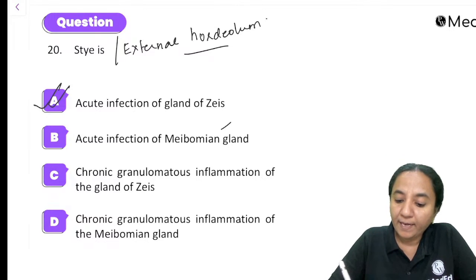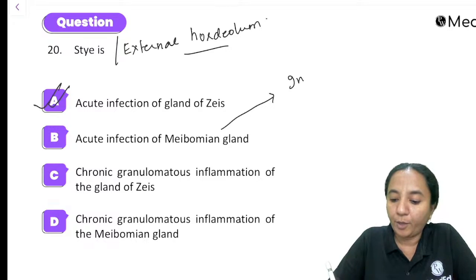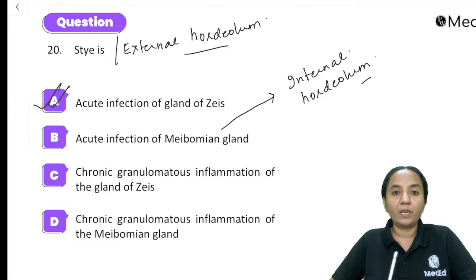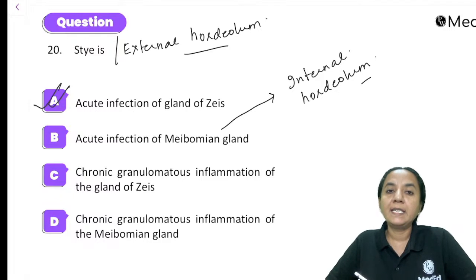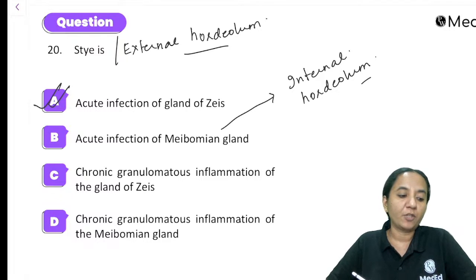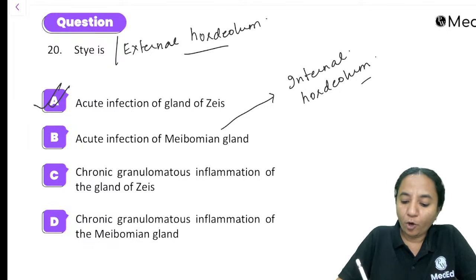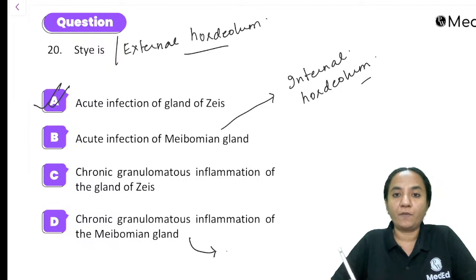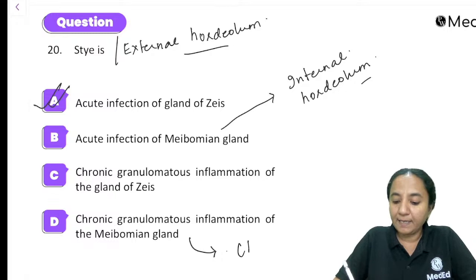And another question that comes is, what is internal hordeolum? So please remember, internal hordeolum is an acute infection of the meibomian gland. Stye is an acute infection of the gland of Zeiss. And a chronic granulomatous inflammation of the meibomian gland is a chalazion.